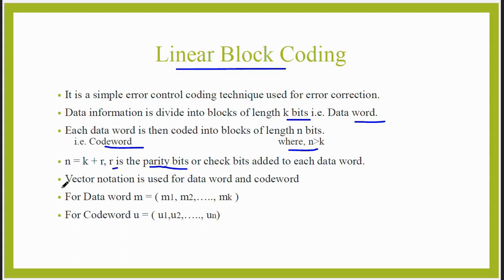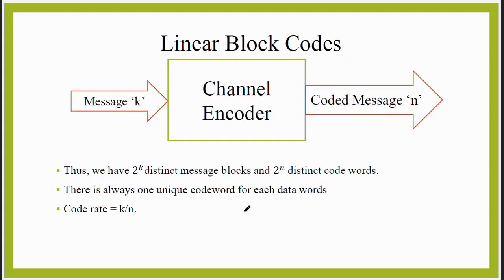Vector notation is used for data word and code word. For the data word, let's consider m equal to m1, m2 up to mk. For the code word, it is considered as u equal to u1, u2 up to un. Let's consider the block diagram of linear block code.